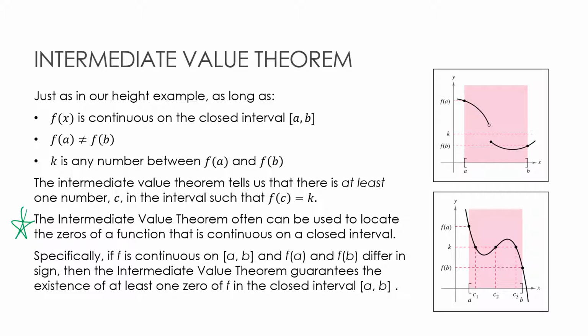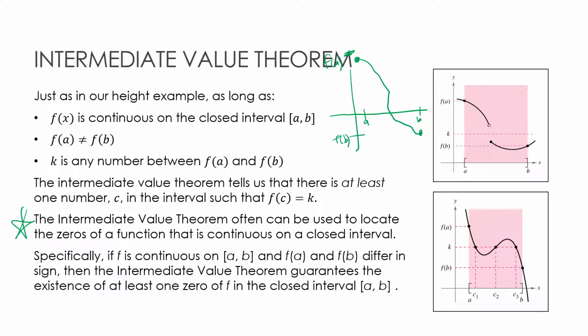And here's what I mean by that. Let's say I've got a function and I know a and b, so this obviously is f of a. This guy down here is f of b.